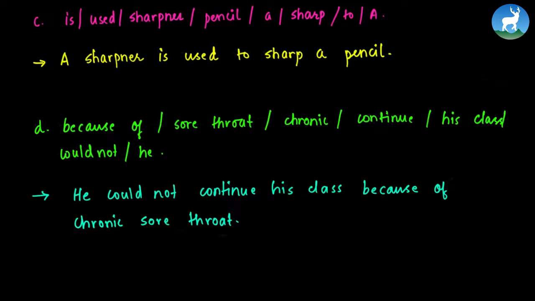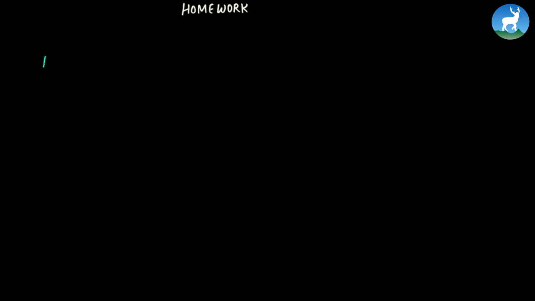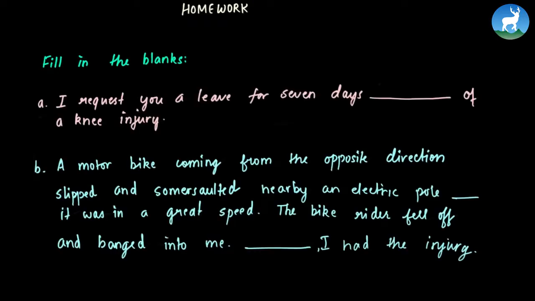The homework for today is to fill in the blanks with the appropriate connectives. The first question is, I request you a leave for 7 days, blank of a knee injury. Now this is a sentence which requires a cause and effect connective. A motorbike coming from the opposite direction slipped and somersaulted nearby an electric pole, blank, it was at great speed.